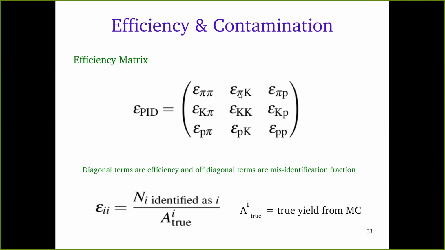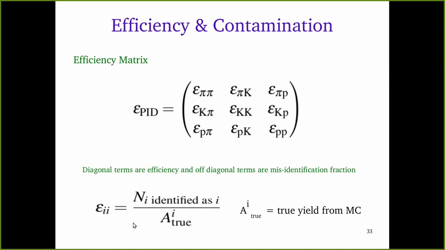Because you set up some kind of algorithm to do the particle identification, and those are not 100% foolproof. So obviously some of the kaons which are actually kaons will be identified as pi. Similarly, this efficiency k pi means what fraction of pions will be misidentified as kaon. The diagonal elements correspond to the efficiencies of those particles.